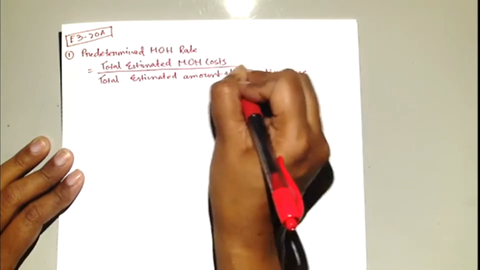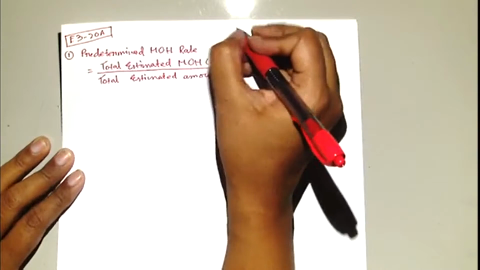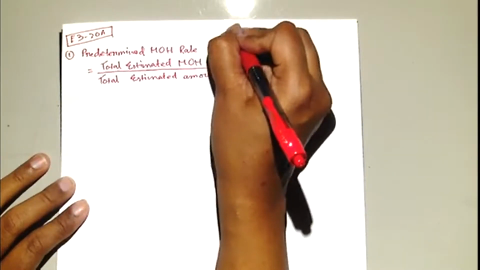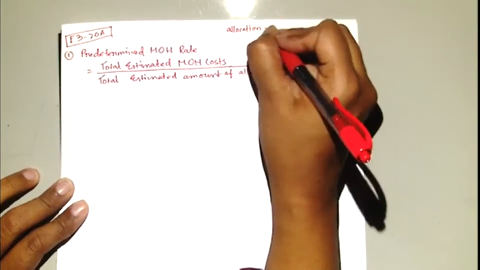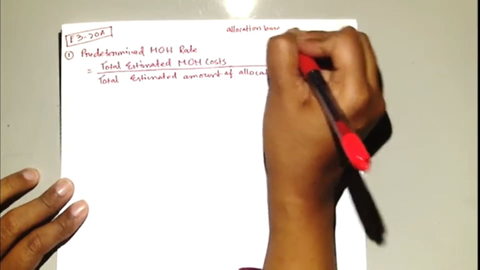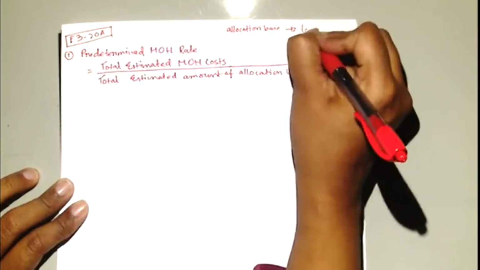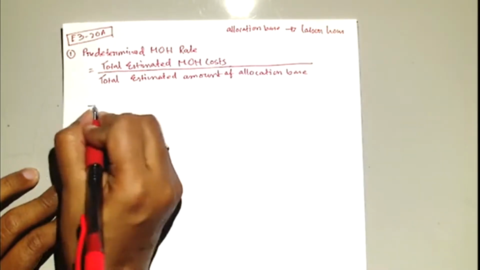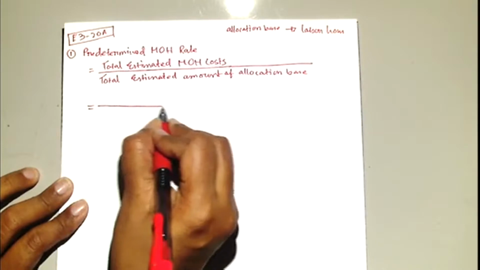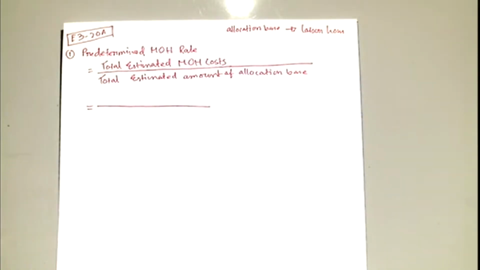And I love to write a little note here, allocation base. What is my allocation base so that I don't make any mistake? Our allocation base is direct labor hour. Now you will tell me the numbers. How can I get our predetermined manufacturing overhead rate?